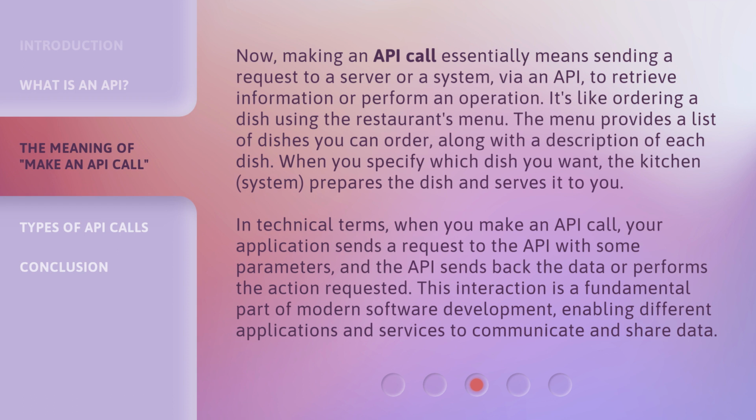In technical terms, when you make an API call, your application sends a request to the API with some parameters, and the API sends back the data or performs the action requested. This interaction is a fundamental part of modern software development, enabling different applications and services to communicate and share data.